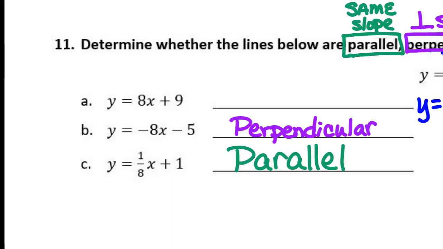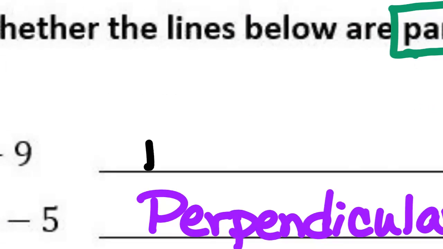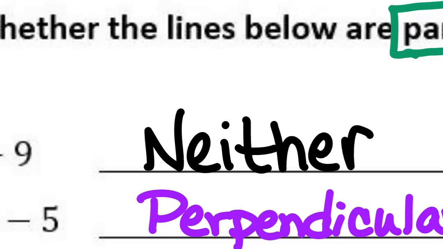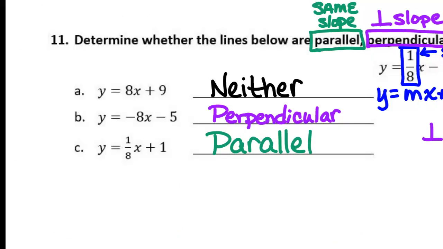Choice A, up at the top, has a slope that's reciprocal, but it's not the opposite sign. So this would be neither, because it has to do both. It has to be the reciprocal and it has to be the opposite sign.